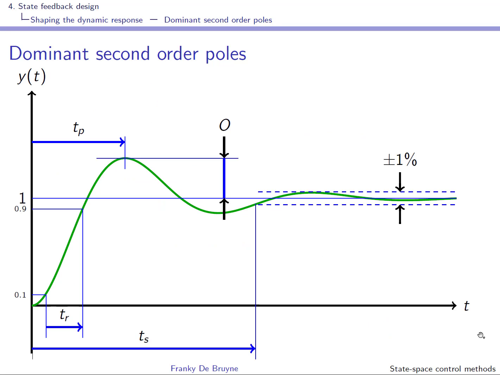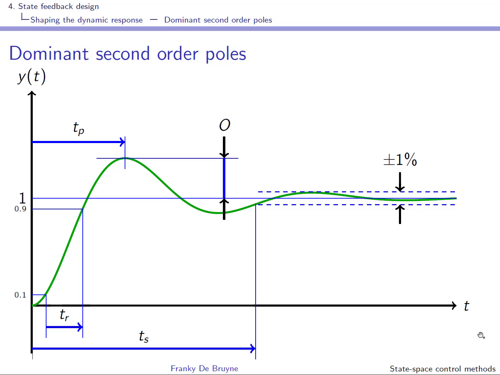If you use this expression that we obtained for the step response in, for instance, MATLAB Simulink, you can obtain a typical step response of this second order system with complex poles, and it's given here in green.